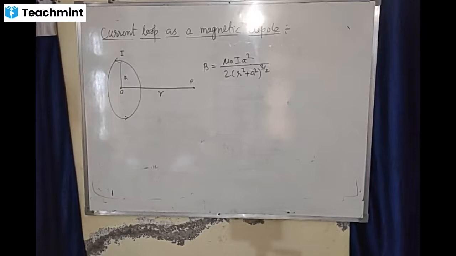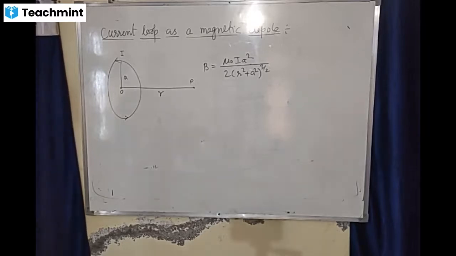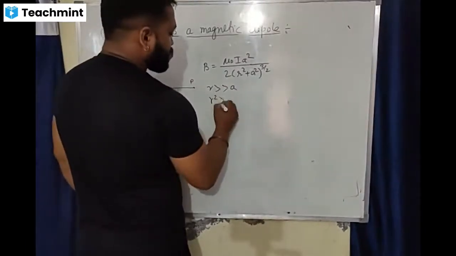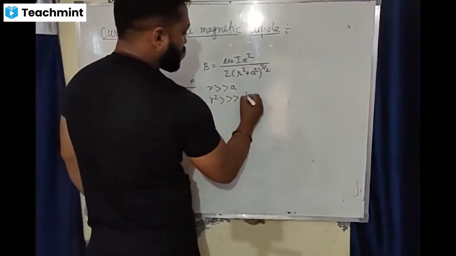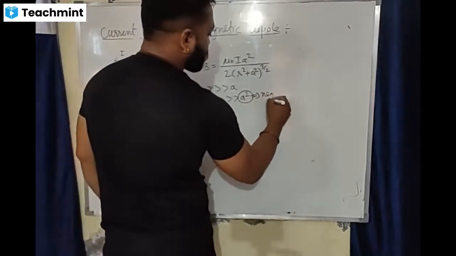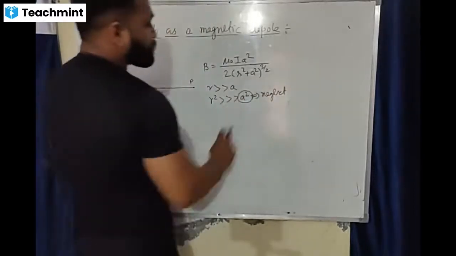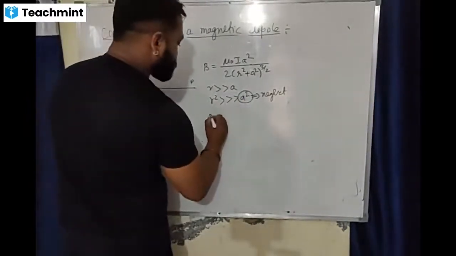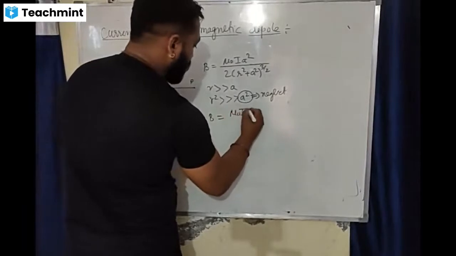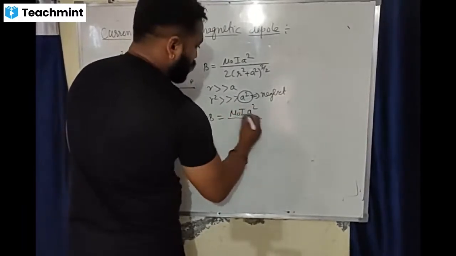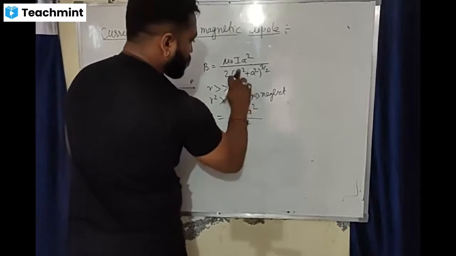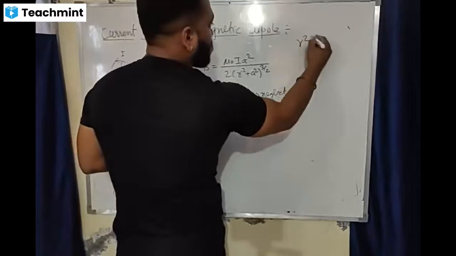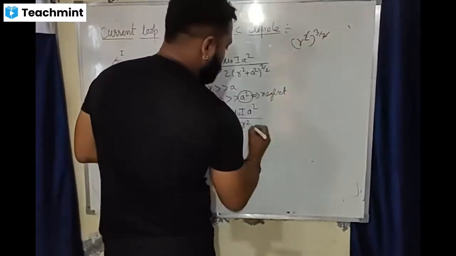Now if we consider a case when r is very much greater than A, then r square is also very much greater than A square, so we neglect the term A square. Then B equals mu naught I A square upon 2 r square to the power 3/2. The r square to the power 3/2 becomes r cube.